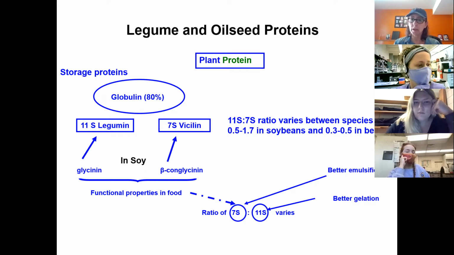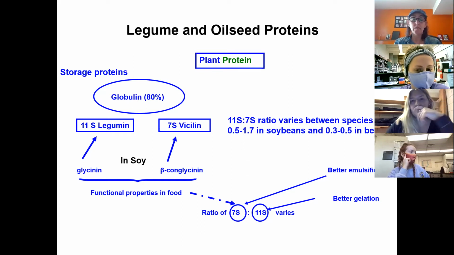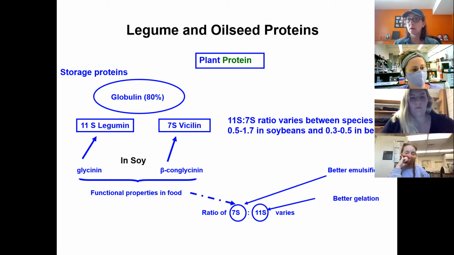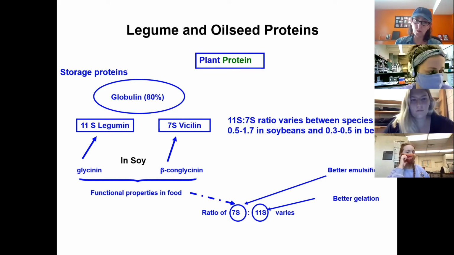It has sulfur-containing amino acids, cysteine, whereas 7S almost lacks cysteine groups, so they would form very soft gels based mostly on hydrophobic interactions rather than disulfide linkages if they were an isolated fraction. Obviously, a combination would be good. A balance between the two fractions would potentially give you good functionality.